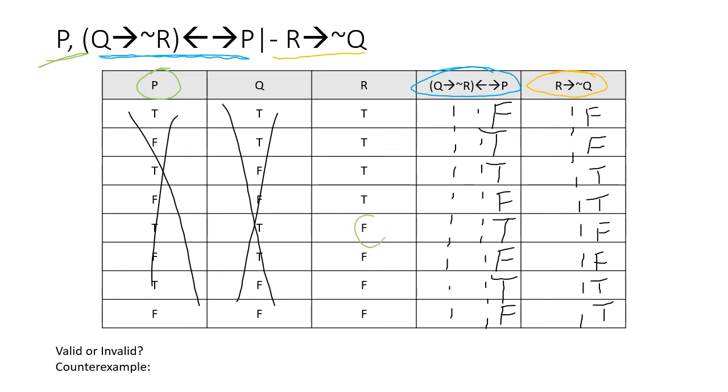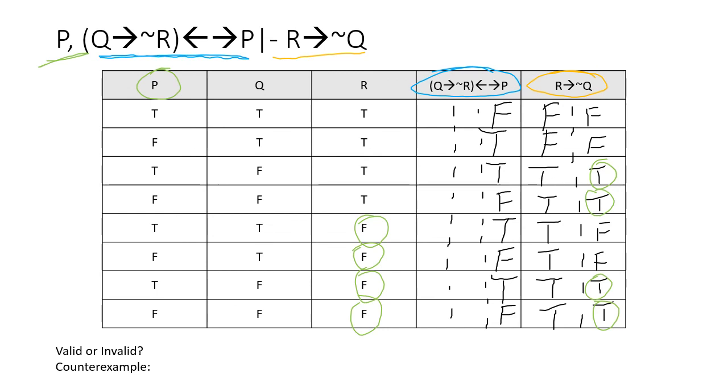So where's our antecedent? False. Where's our consequent or our right side? True. And in those situations, it's going to be true. In these other situations where the antecedent is false, or where the antecedent is true and the consequent is false, it is going to be false. Get rid of this column here.